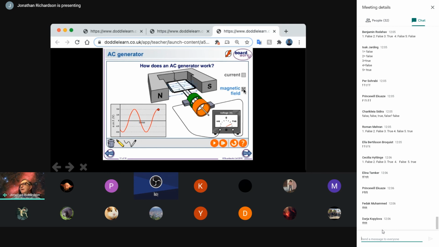So there are my magnetic field lines, and the current flows in this object, as you can see just here.